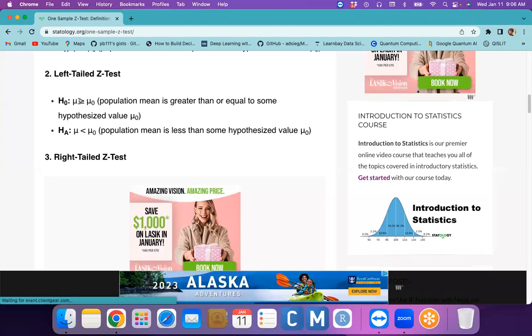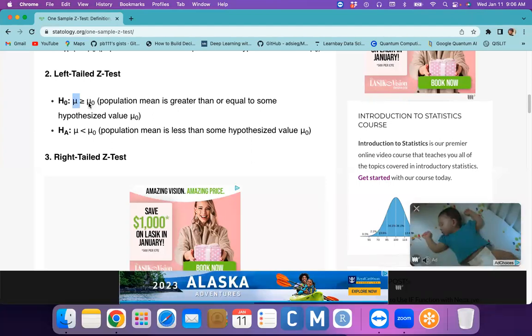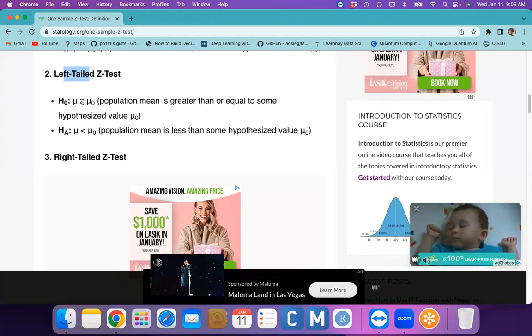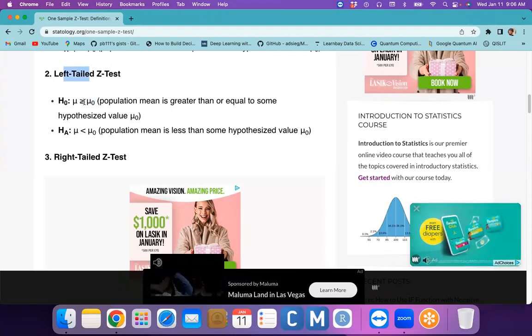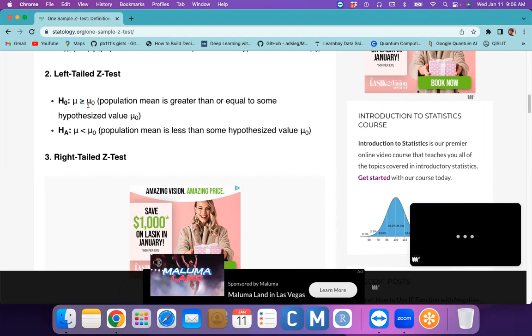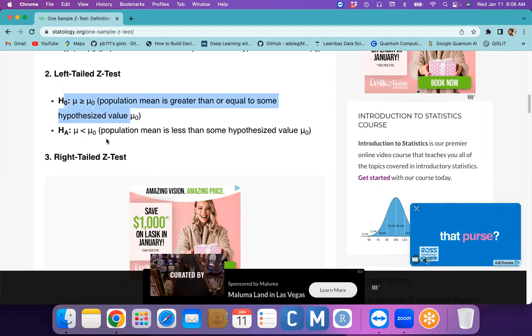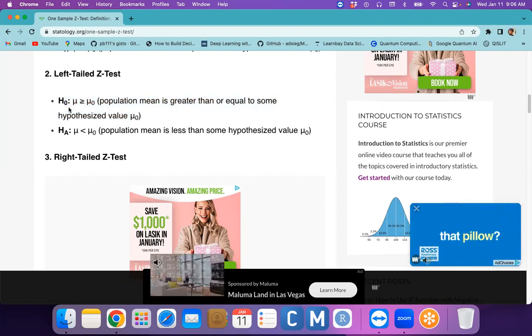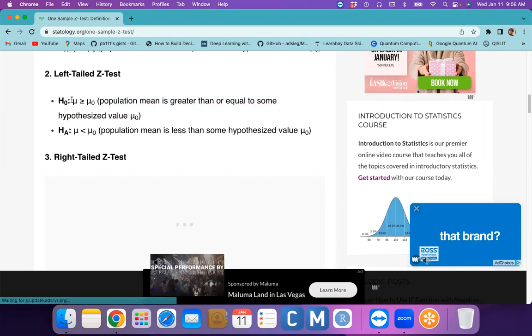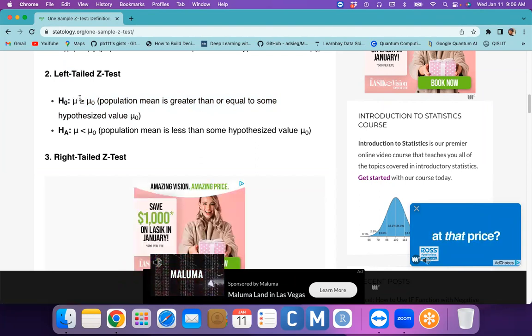Left tail in the sense your population mean could be greater than or equal to some constant value. If this is satisfied, I mean, if your null hypothesis is accepted, it means the population mean could be more than your specific value.